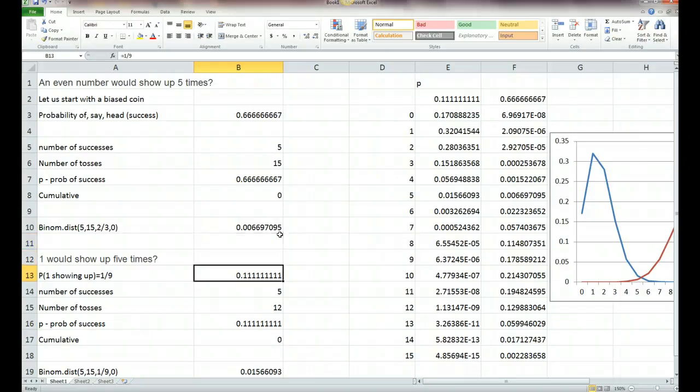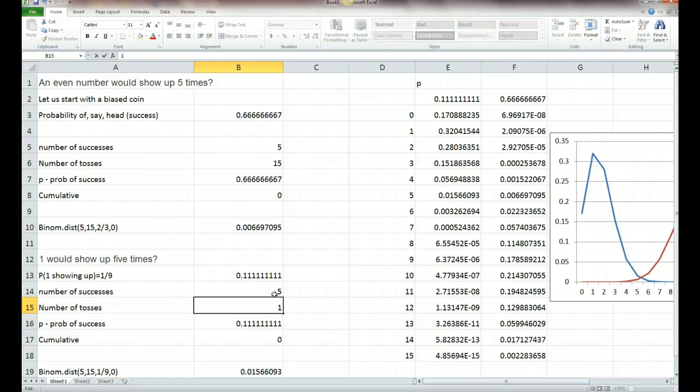Similarly, to calculate the probability of getting 1, again you have two possibilities: either 1 turns up, or 1 does not turn up, which includes everything, 2, 3, 4, 5 and 6. Again we are calculating the probability for 5 successes. The number of tosses is 15.